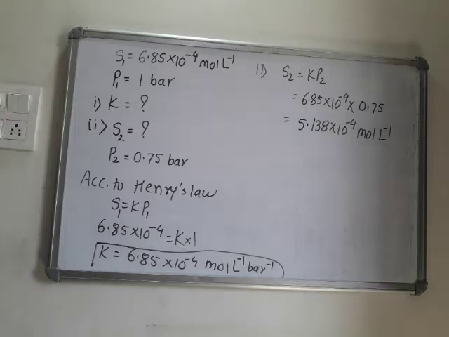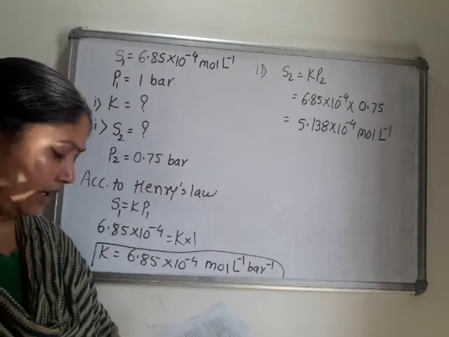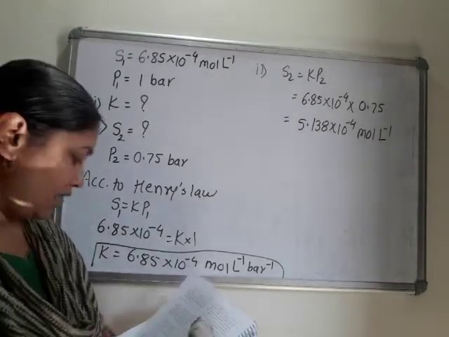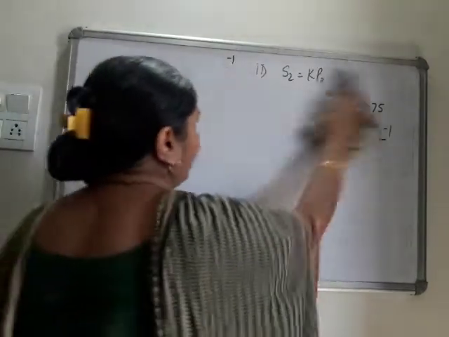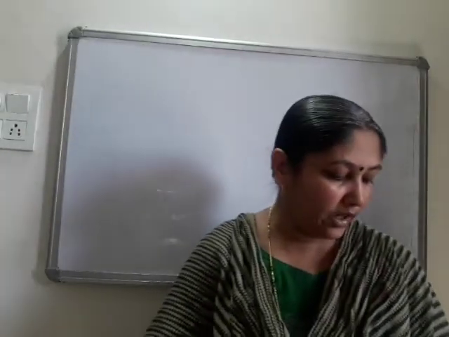Henry's law constant of methyl bromide is 0.159 mole per liter per bar at 25 degrees Celsius.